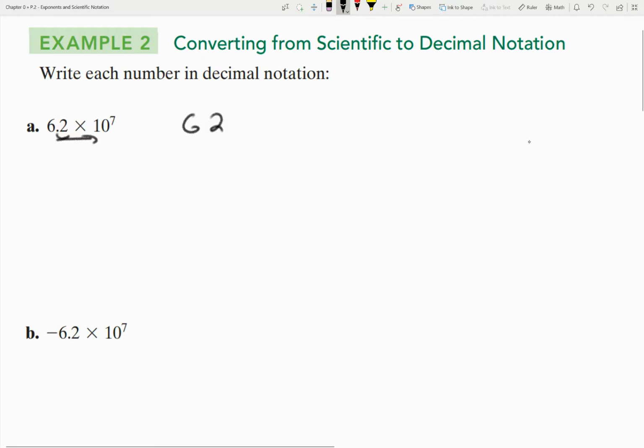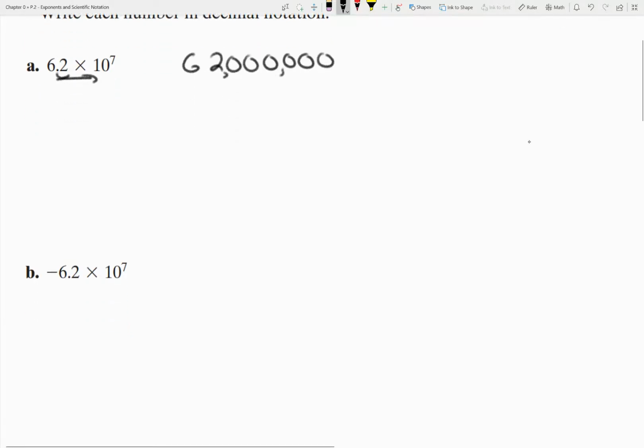So that's 1, 2, 3, 4, 5, 6, 7. And then I just put a comma every third one to help see how big this number is. And it is 62 million.